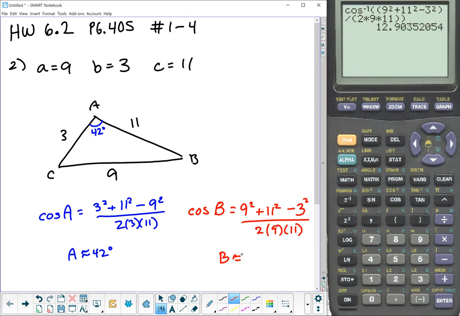I'm going to say that's approximately 13 degrees. And because B is 13 degrees, I can now do 180, take away 13, take away 42, and that will give me angle C is 125 degrees. Okay, that's 1 and 2.